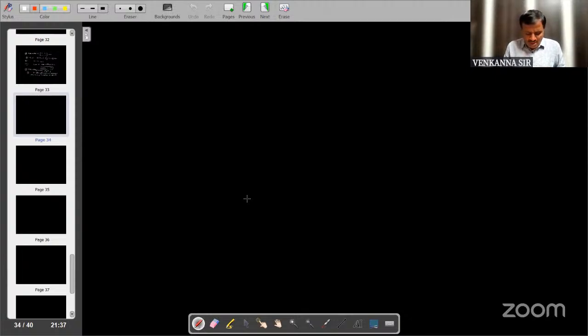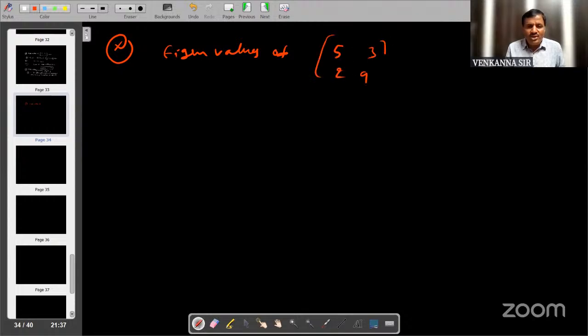All questions on eigenvalues and eigenvectors are very important, definite type. Coming to our next question. Eigenvalues of the matrix [5, 3; 2, 9]. What are the eigenvalues?